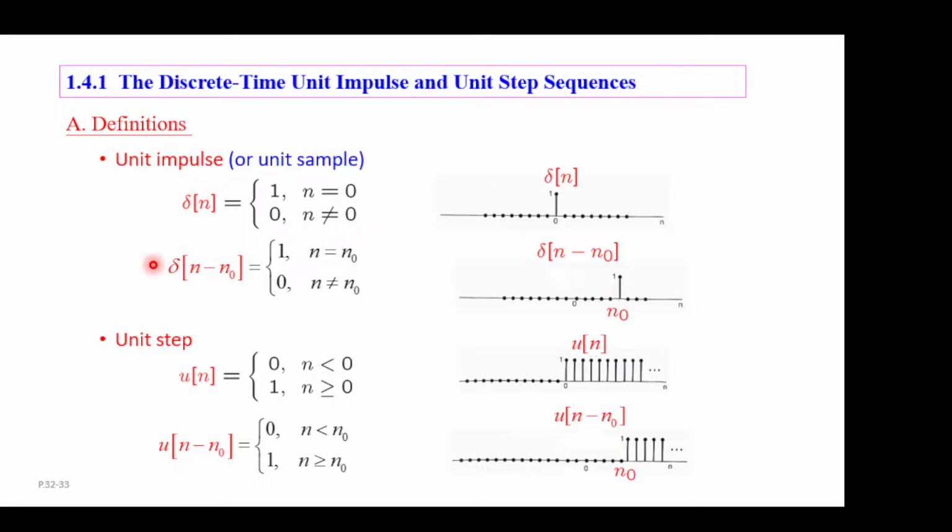It's called delta of n, and you can shift this small spike to any place n naught by changing it to delta of n minus n naught. The unit step is very similar, but there are more nonzero values: it's 0 when n is less than 0 and 1 when n is greater than or equal to 0. You can also shift this starting point to some n naught.